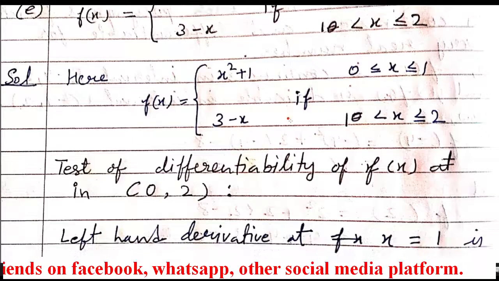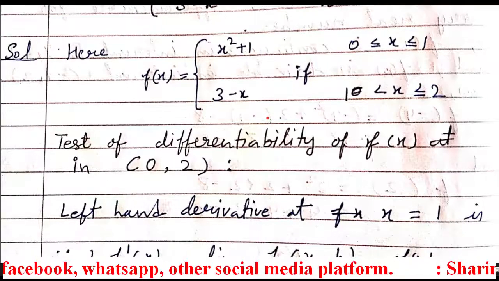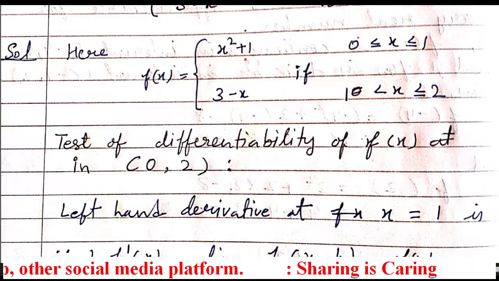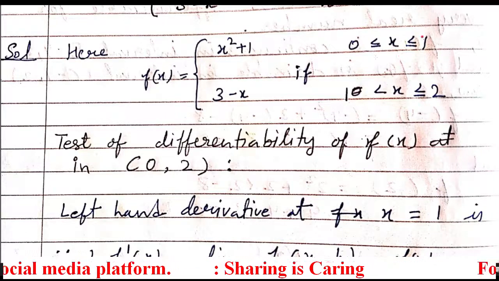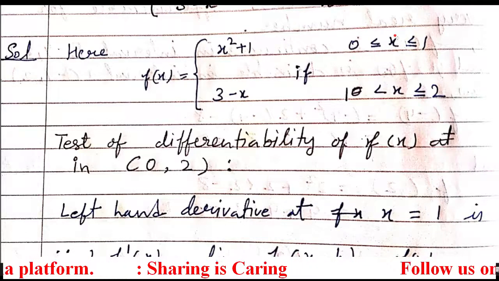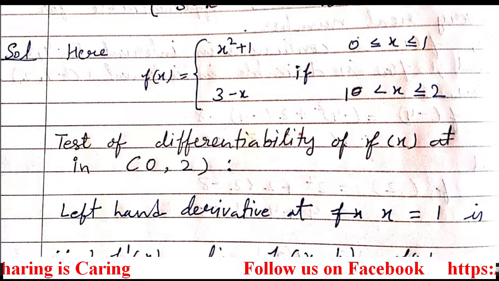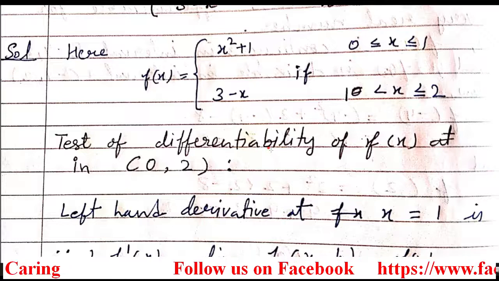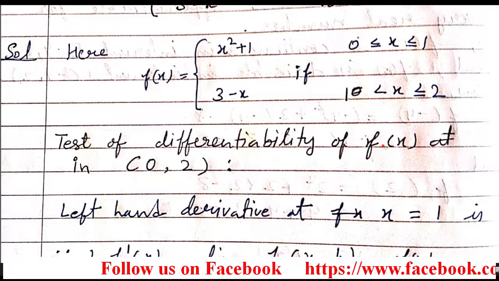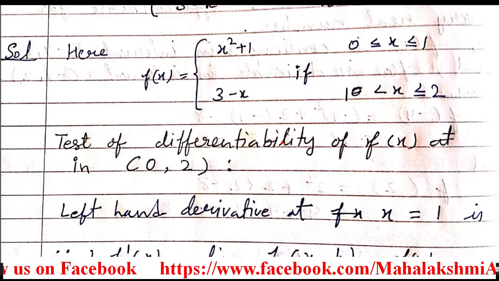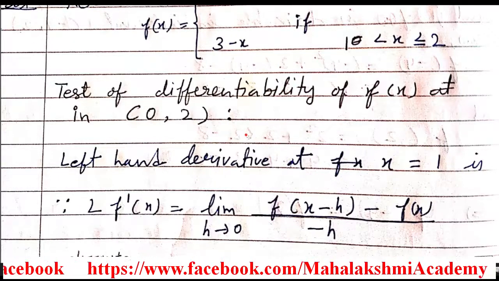When a function is split like this, we have to check its differentiability. Both pieces are polynomial functions, but since the constraints are different, we have to check the differentiability. So we are going to check the differentiability of f(x) in the open interval, which is the second condition of Rolle's theorem.